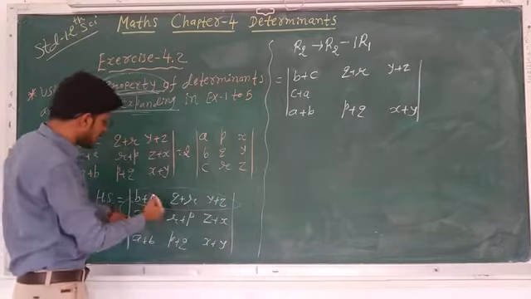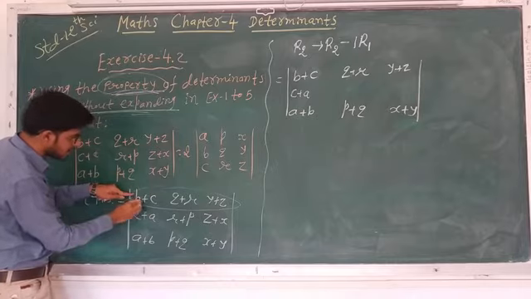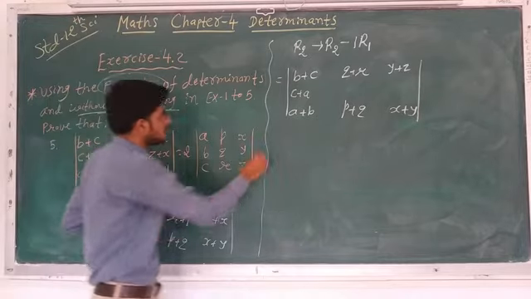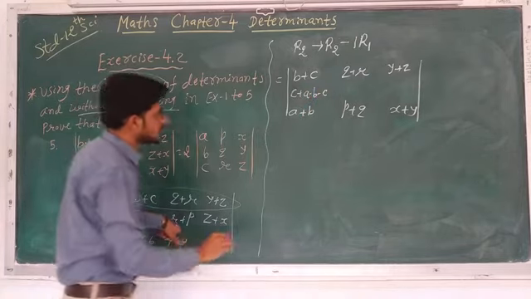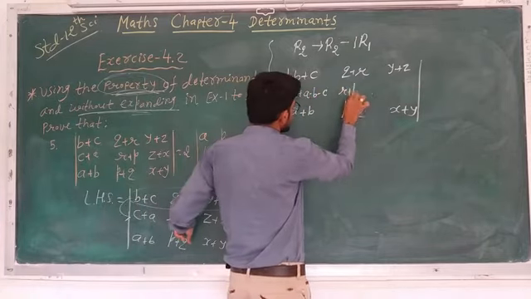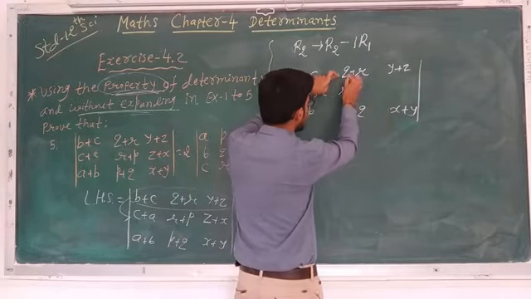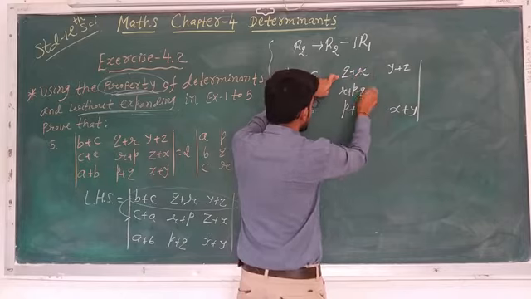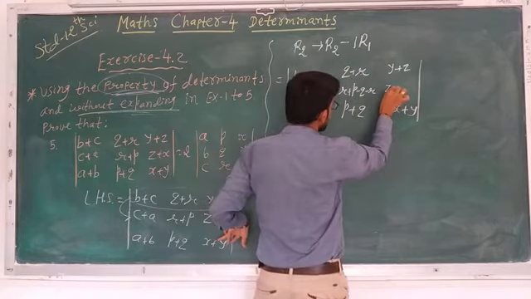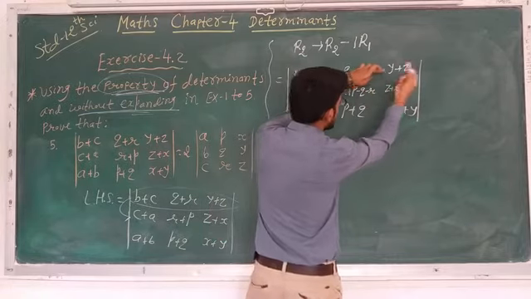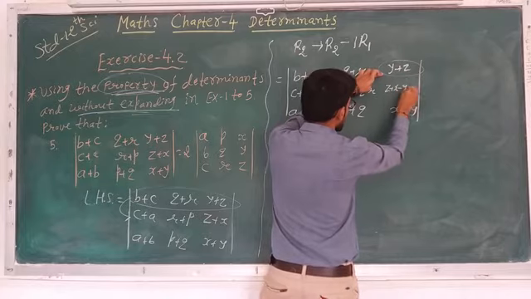Next we will multiply the first row by minus 1 and add it to the second row. So here minus b minus c. Same thing r plus p as it is, and multiplying the first row by minus 1, so minus q minus r. Same thing z plus x as it is, and minus y minus z.